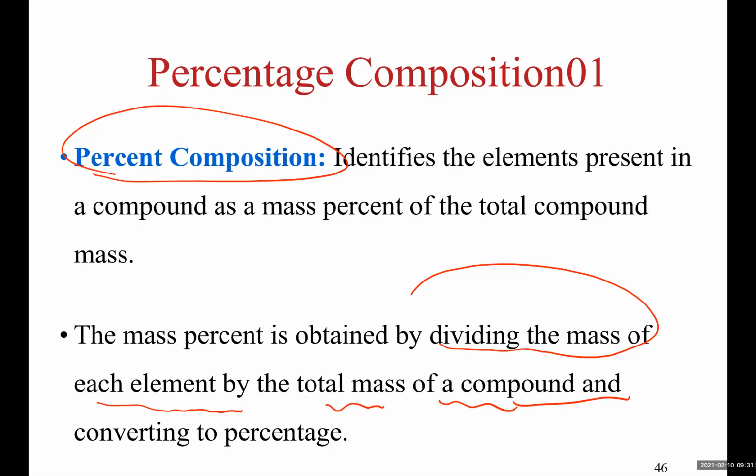If I tell you the percentage of carbon, let's say in sugar, I have to calculate the mass of carbon in 100 grams of sugar. That would be the percent of carbon in sugar.